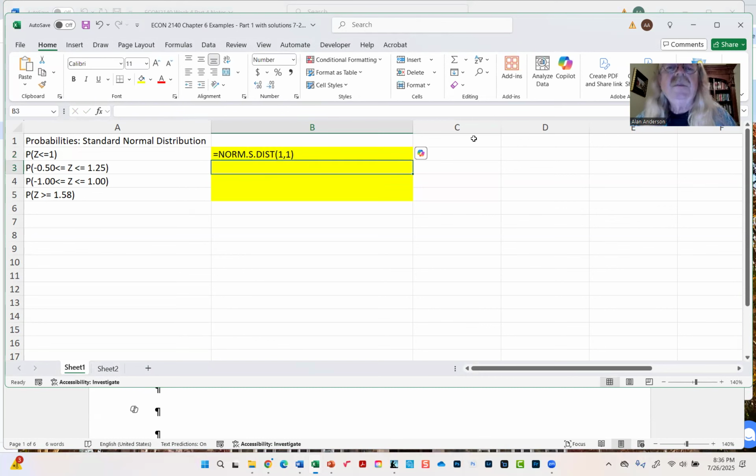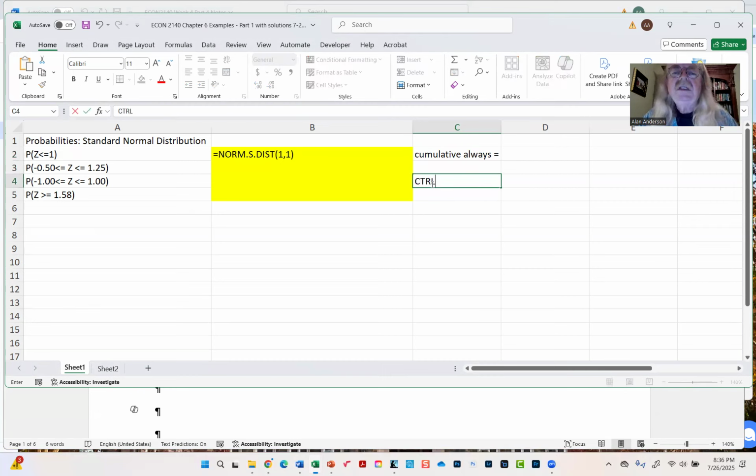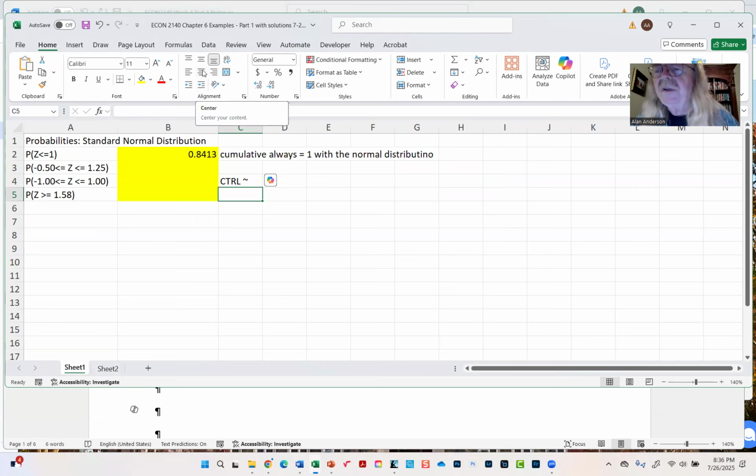Okay, so let me put a note here. By the way, if you notice, it did not show me the result because it's in a special mode. If you hit the keys Control and then the tilde button, which is that strange little symbol just to the left of your one key, that command will flip it back to show you the results instead of the formula.